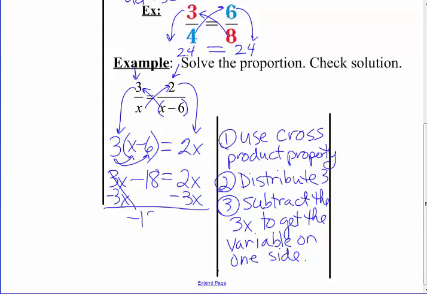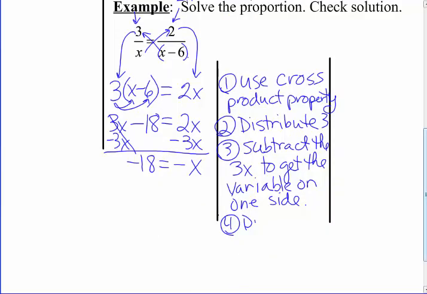So I have negative 18 on the left. 2 minus 3 gives me a negative 1x on the right. So now we divide by negative 1. Since there's a negative in front of the x, that's like a negative 1. Divide both sides. So on the left we have 18. The right, just regular x. So x is equal to 18.